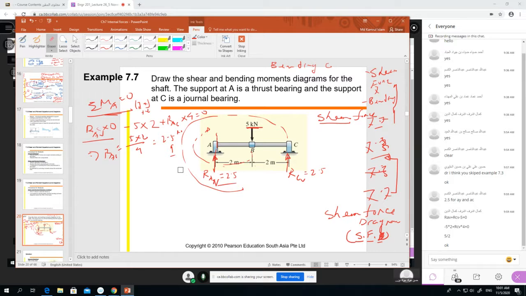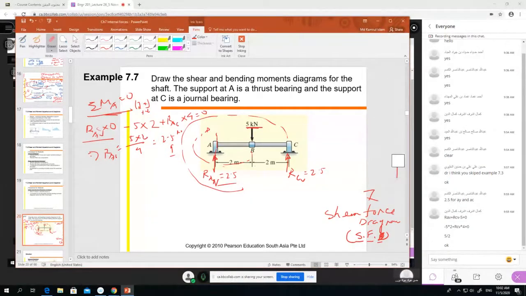Okay, now first we learn to calculate. We already learned how to calculate the reaction forces. Look there, what is there?